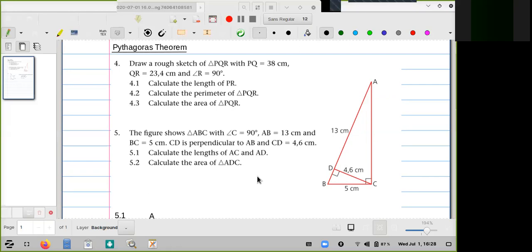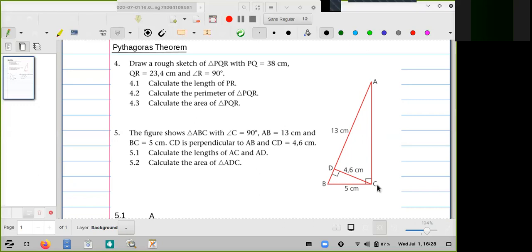So for us to find the length of AC, we must know the triangle that has got that side AC. Then we must also identify it. Is it the hypotenuse? Is it the other two sides? Or is it a side that is adjacent to another side which is right angle to each other? That information is very important. If you check on our diagram, this is side AC.